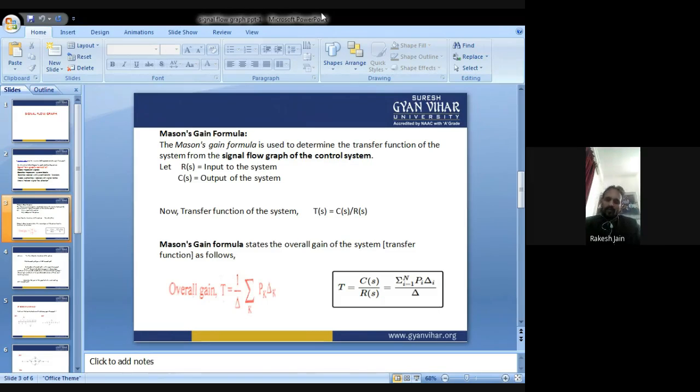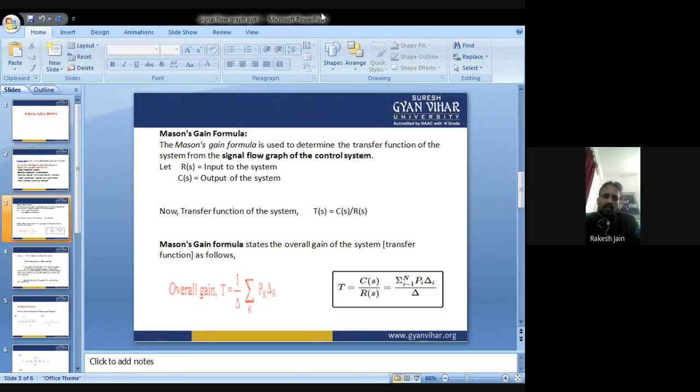Now the meaning of forward path is, once we start from the beginning point, that is the input point R(s), going straight forward without repeating any branch or node, we reach the destination. That is known as a forward path.